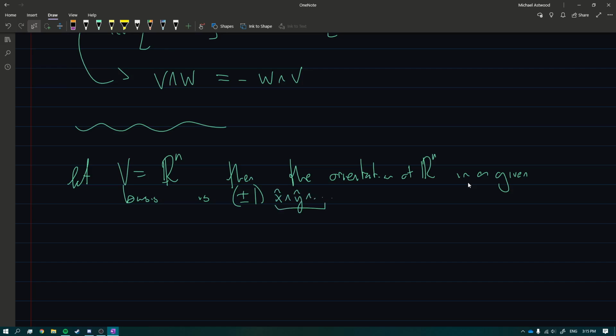And I'm going to choose these vectors outright just to be any vectors I like, and then relative to this orientation I can construct other orientations.